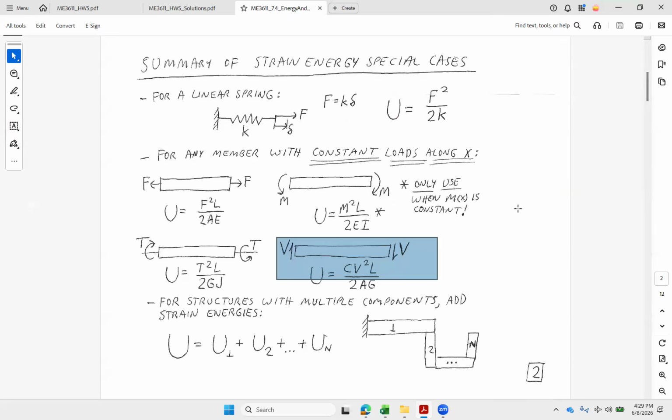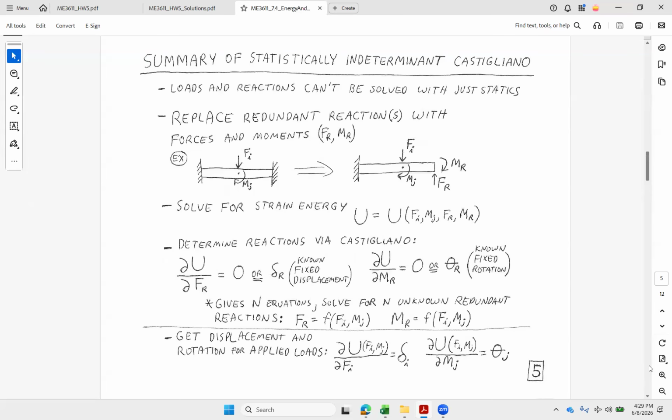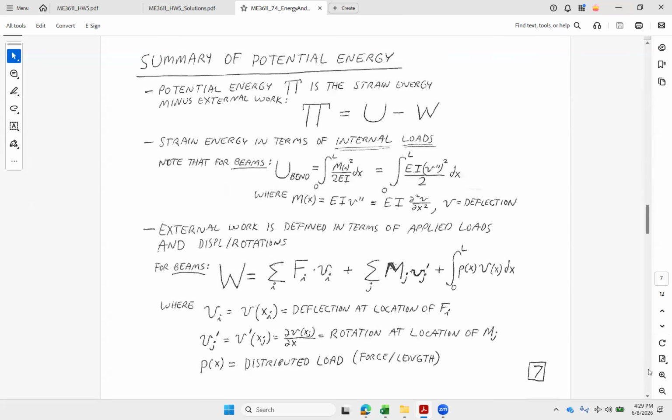We don't need to do any reinventing of the wheel. We can flip over here to our potential energy formulation. We're going to have bending energy, so we just need to take that EI over 2 times curvature squared and integrate that. And then whatever external loads we have. In this case, we just have a distributed force.